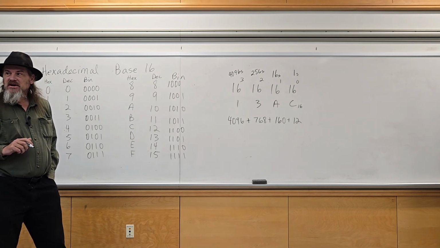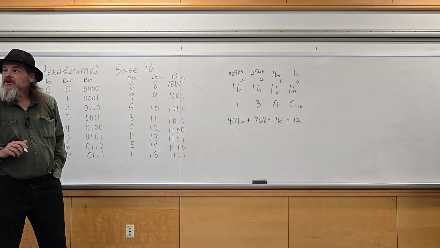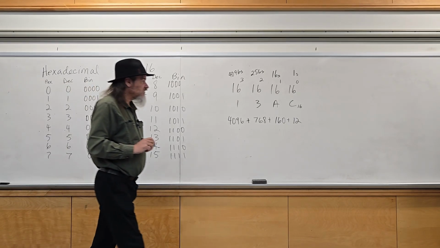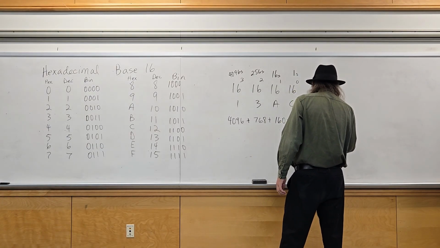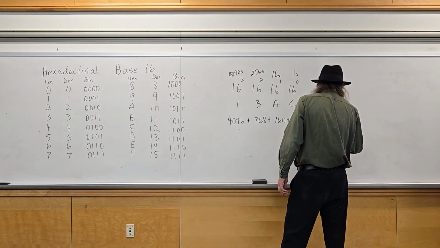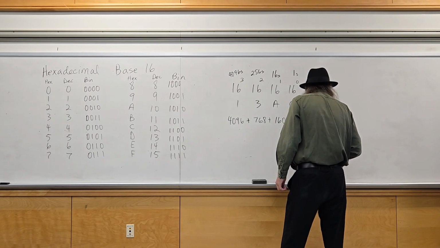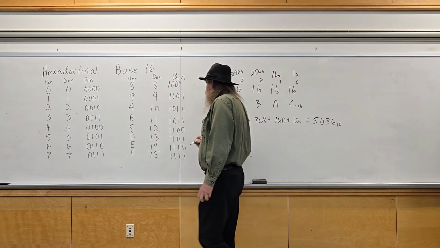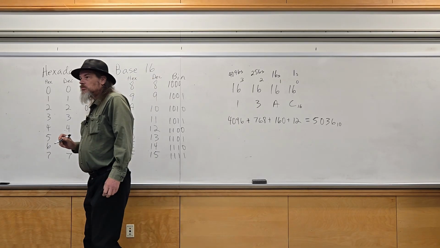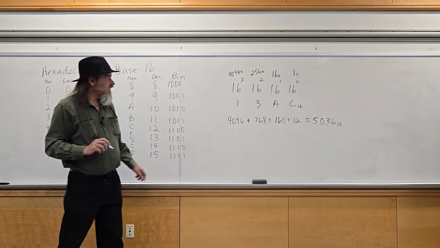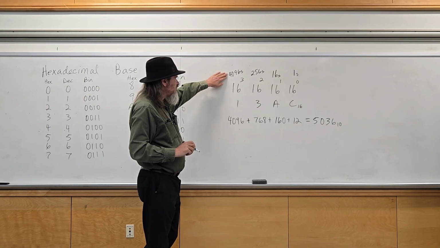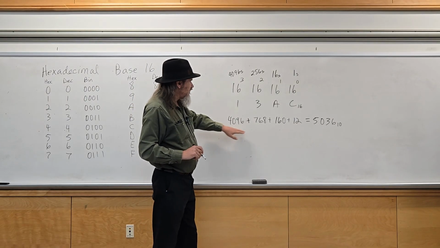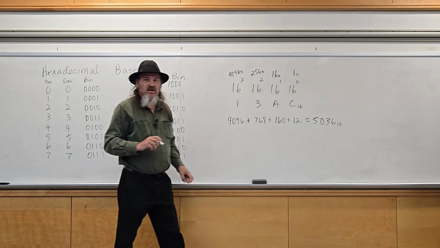You already got that handy? I'm sorry? 5036? In base 10. So you multiply the value of the digit times the value of the position, and then you add up the totals, just like you would in binary.